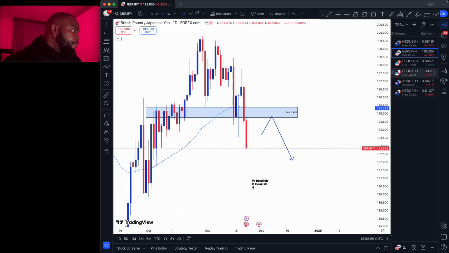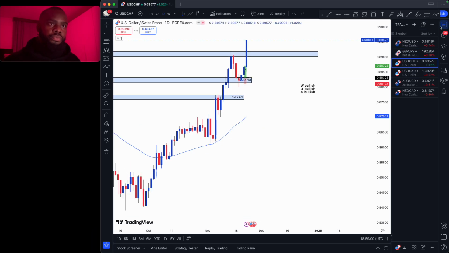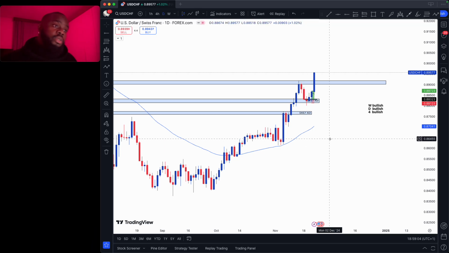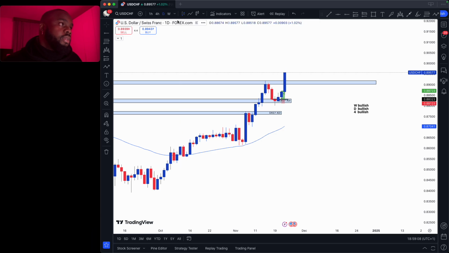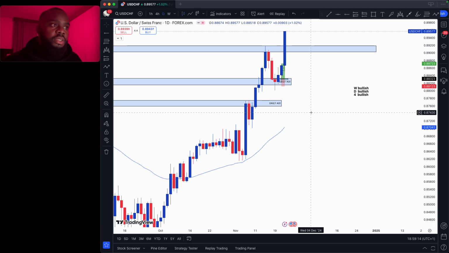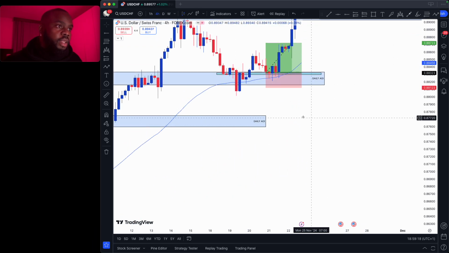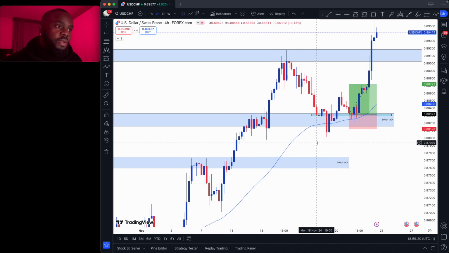So let's head to USDCHF. USDCHF is very clean. USDCHF has been doing very fine. As you can see, last week USDCHF did present a very nice setup. This is the 4-hour time frame.